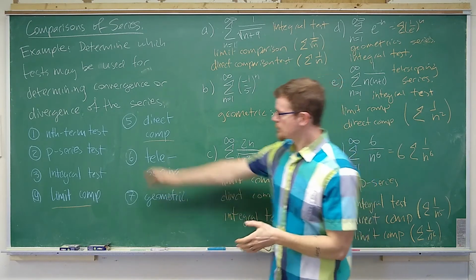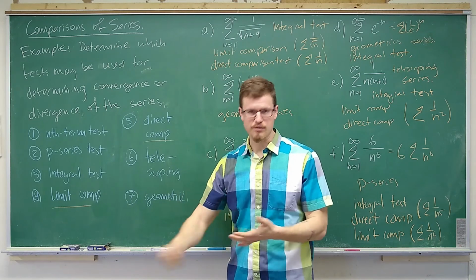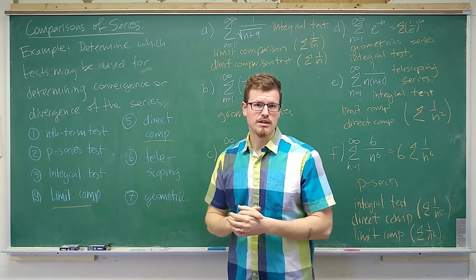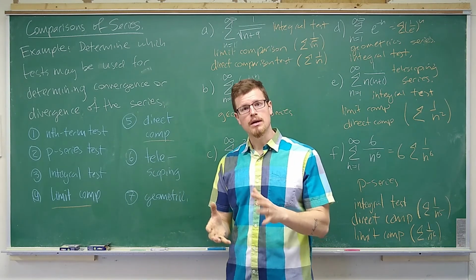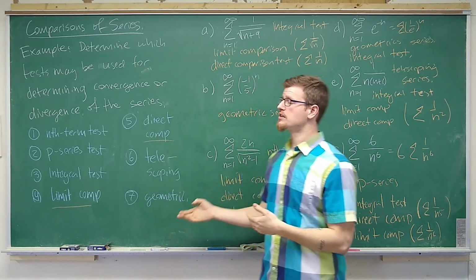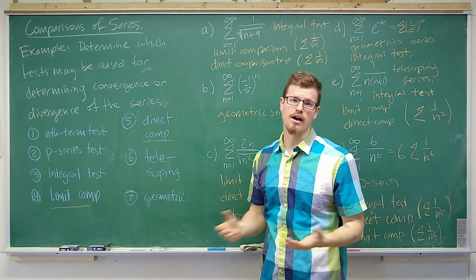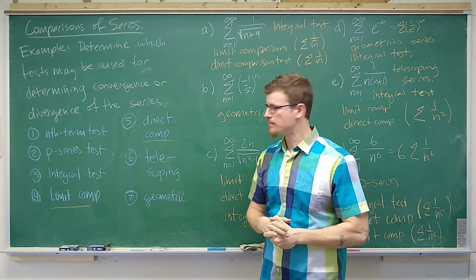But then you just move down the list, and you say, all right, let's try this, let's try that. That didn't work. Okay, move on to the next. And that's not a big deal. A little time consuming, but as you practice, you'll become a little bit more familiar with the tests and how they might fit within a particular series to help you determine convergence or divergence.